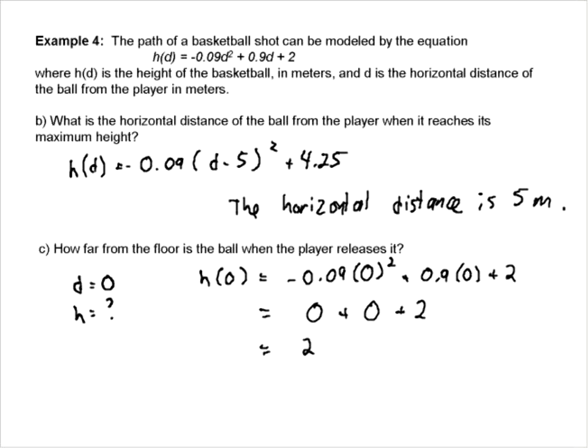So how far from the floor is the ball when the player releases it? The ball is 2 meters from the floor. So fairly straightforward. If we take 30 seconds to really think about what's going on, we can solve these problems rather simply.